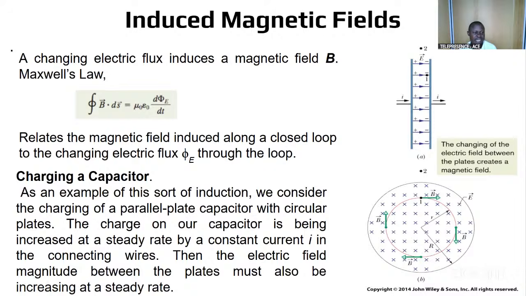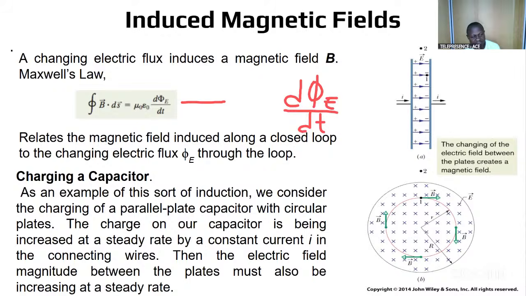The changing electric flux, that is d phi E dt, induces the magnetic field B, as you can see in this equation. This equation is the modification of Faraday's law of induction, and it is known as Maxwell's law of induction.